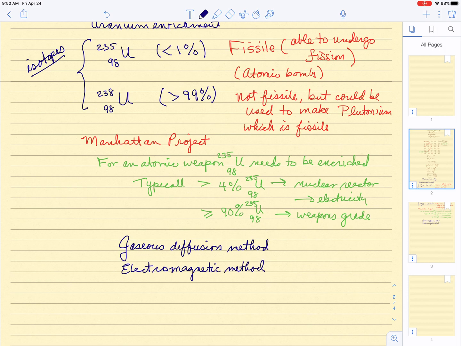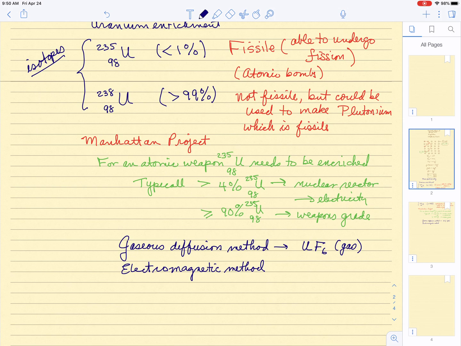In the gaseous diffusion method, uranium was converted to uranium hexafluoride, which is a gas. And then it was sent down literally miles of copper tubing.